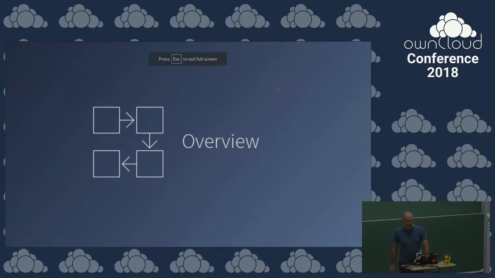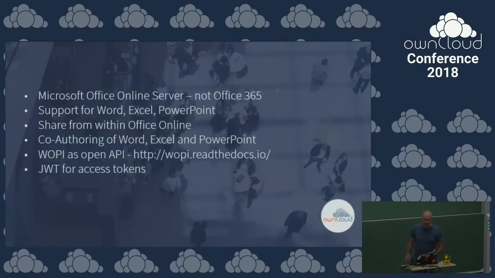Okay, so overview. When we talk about the Microsoft Office Online Server, we are not talking about Office 365. Technically, they are the same, but the Office Online Server is basically the on-premise version of Office 365 that you can install in your own basement or computing center or whatever.